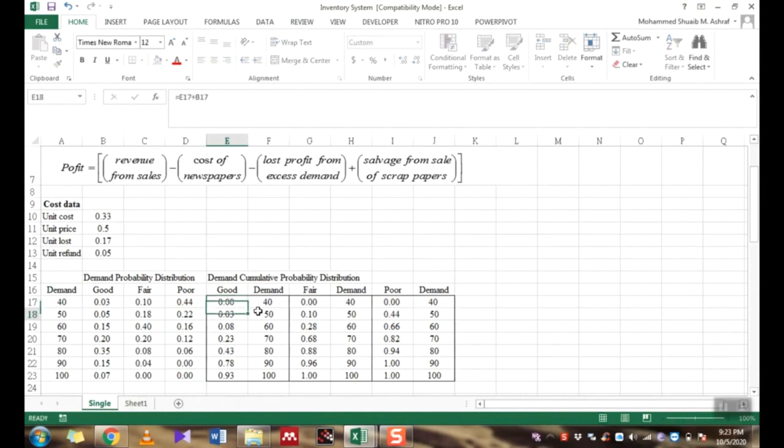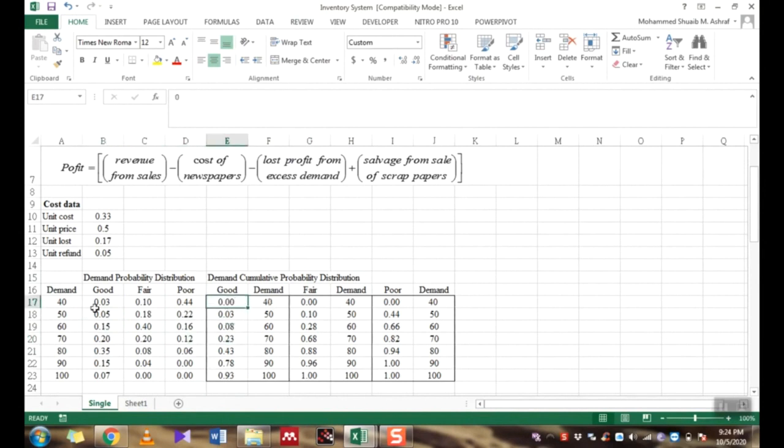We start with 0, then copy this value from here and add the next, this plus this, then this plus this plus this, and so on.